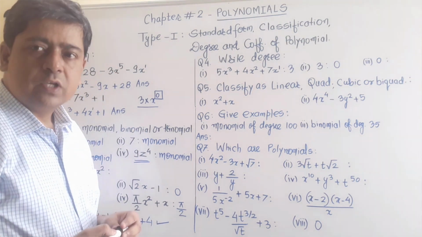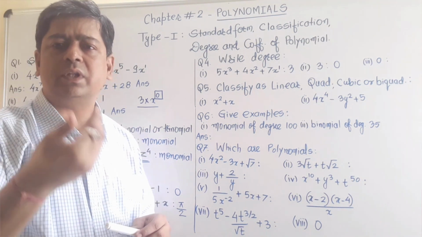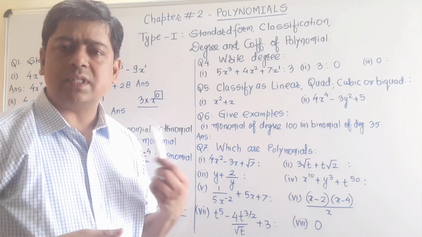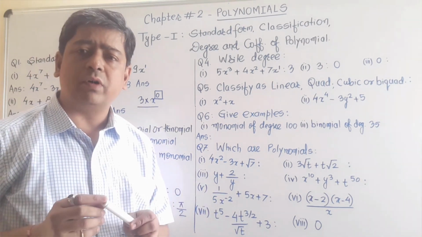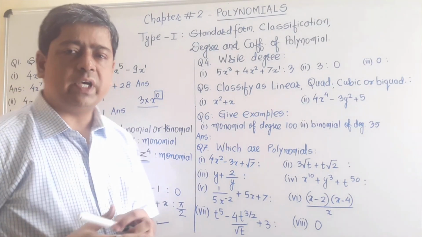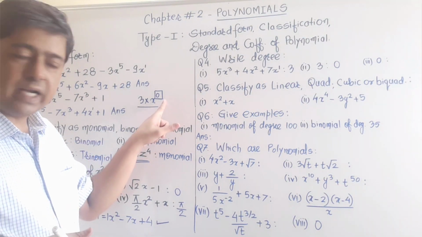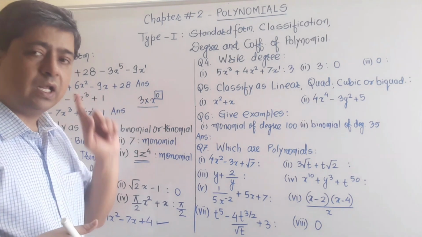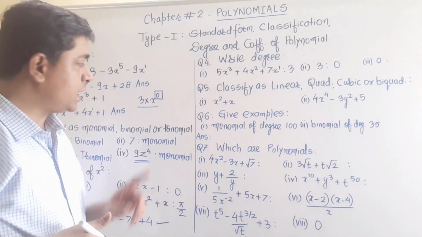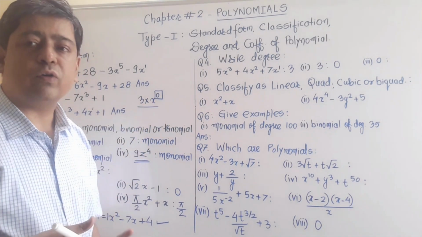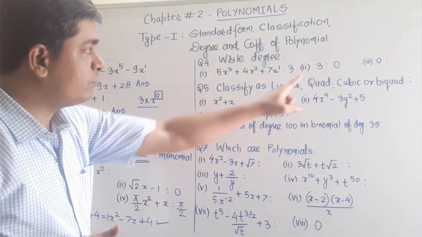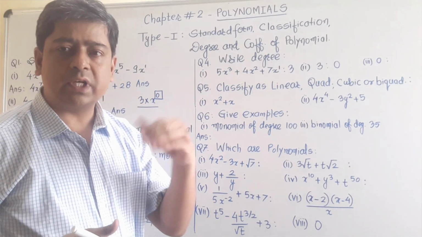So for any constant, for example 3, minus 3, 7, or 5, remember one thing: we can take a variable having the power 0 along with it. Since the power of the variable is 0, the degree is also 0, because there is no other variable involved.